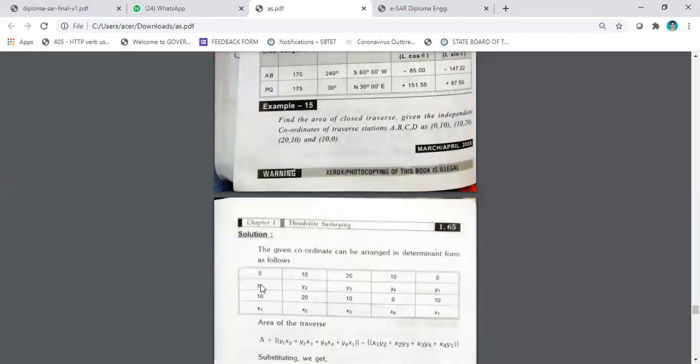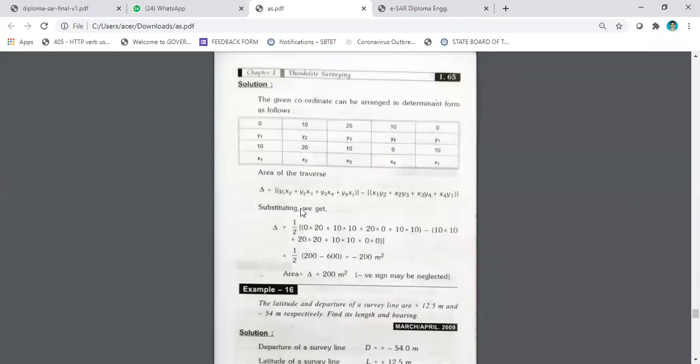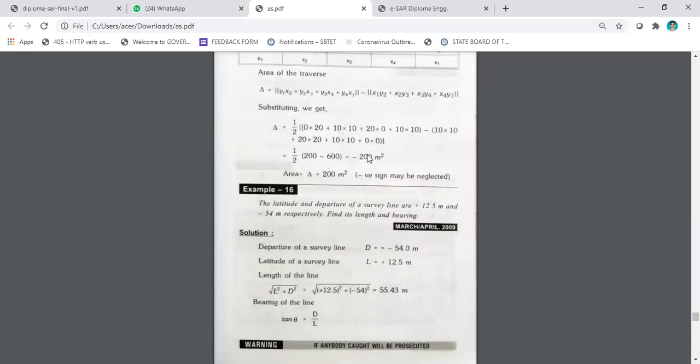Then half into y1, x2 plus y2, x3 plus y3, x4 plus y4, x1 minus x1, y2, x2, y3 minus x3, y4 minus x4 and y1. When you calculate like this, you will get the total area. You can omit this negative sign because area will always be positive only. You won't get negative area anywhere.